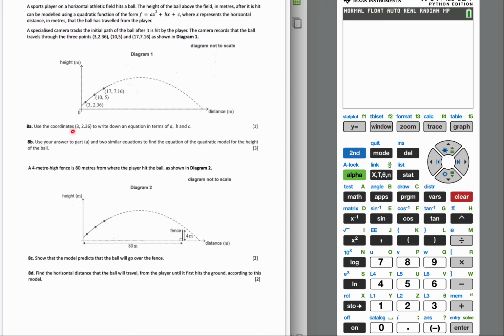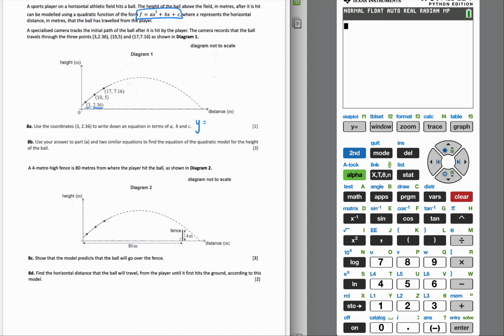So it says using the first one of those, I need to write an equation in terms of a, b, and c. Now this is the equation that I know the whole equation has, and I know that when x is 3, y is 2.36. So I'm going to use that to write an equation. In terms of my y value, I'm going to call it y rather than f.